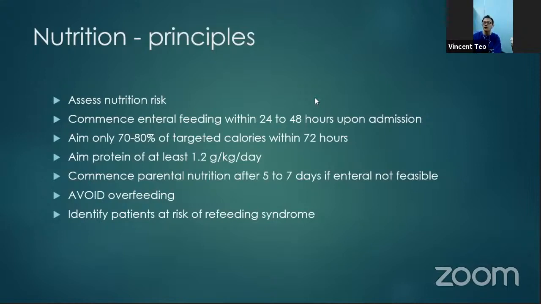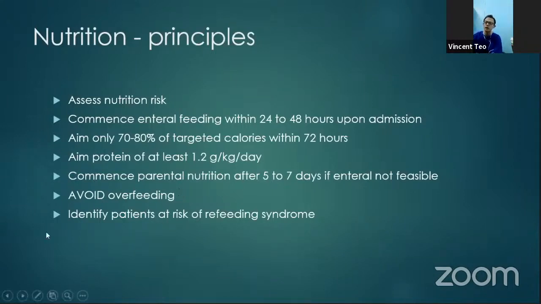If the patient for some reason cannot be fed through the gastrointestinal tract, parenteral nutrition should be started after 5 to 7 days. And of course, we need to avoid overfeeding, as anything more than 100% of the targeted calories will be associated with increased mortality.